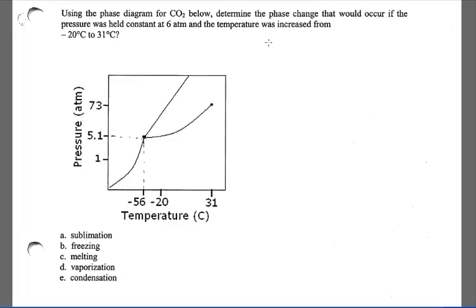Okay, so how do we figure that out? The pressure is constant at 6 atmospheres. This is not a linear scale, so 6 atmospheres is going to be not much above that 5.1. So let's say, I can't draw straight, but let's say that's it. Okay, and if you hold it constant at that pressure, and then see what happens between -20 and 31, you'll see they have this phase change.